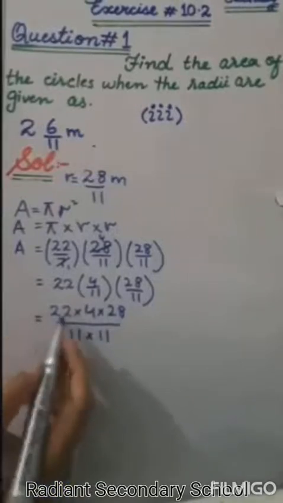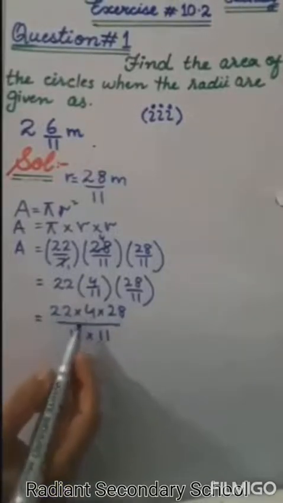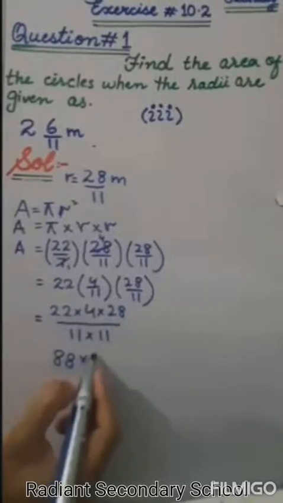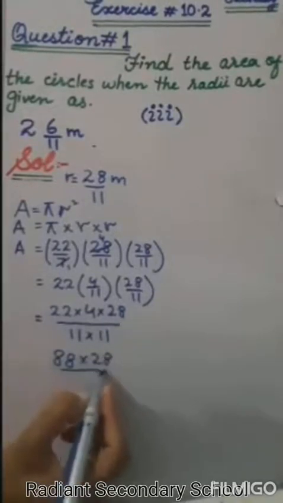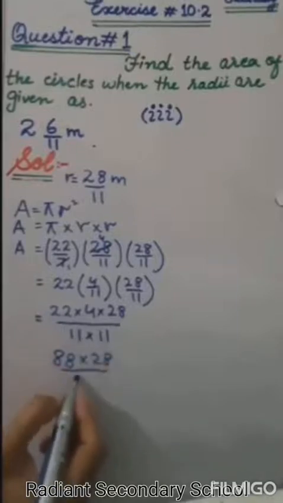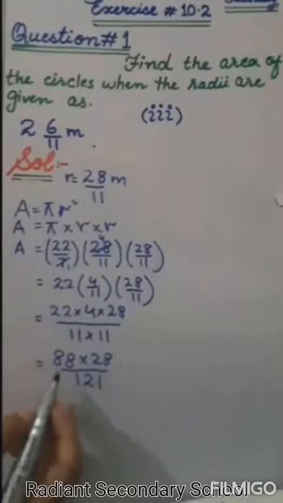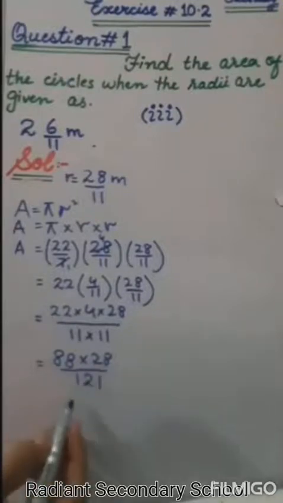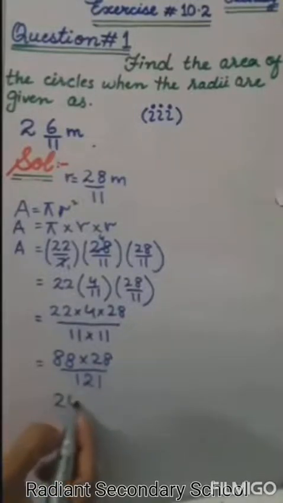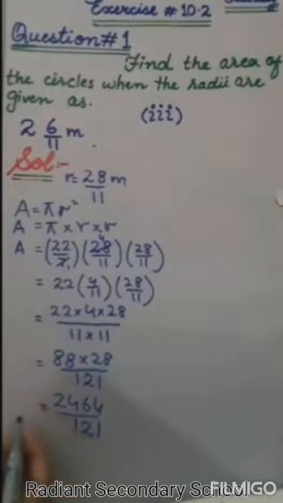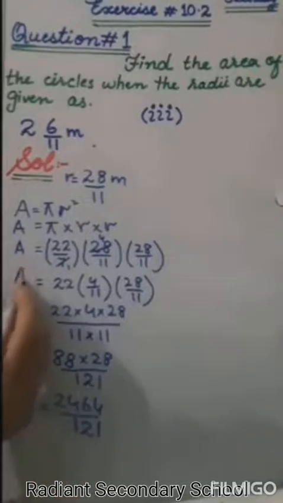When we multiply 22 with 4, it becomes 88. And 11 multiplied by 11 becomes 121. Now, when we multiply 88 with 28, the answer becomes 2464 over 121. That is our area.